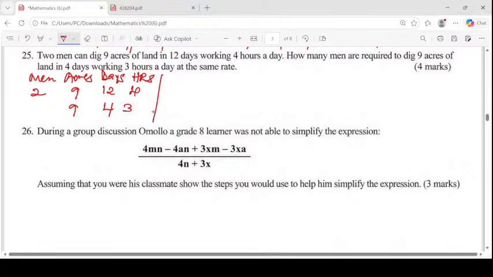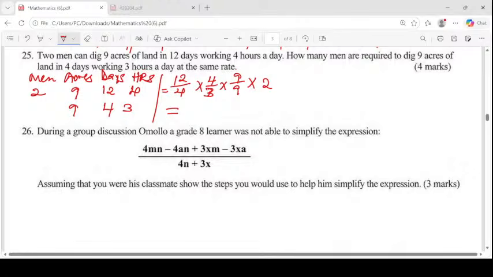So if two men take 12 days, for 4 days the number of men has to increase. So this will become 12 over 4 multiplied by, if two men can finish a job by working 4 hours a day, so to work 3 hours a day, meaning we need more men. So this will be 4 over 3 times 9 over 9 times 2.